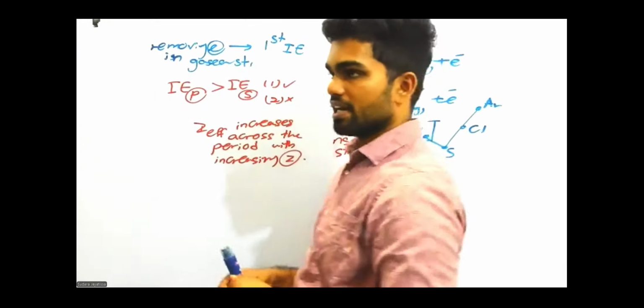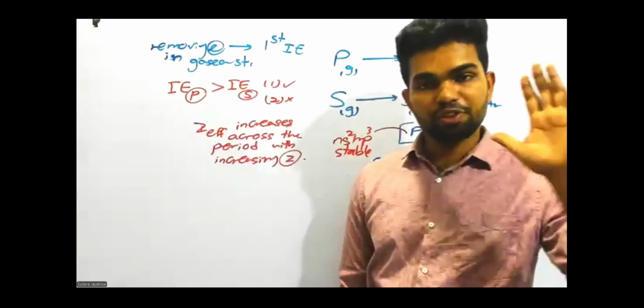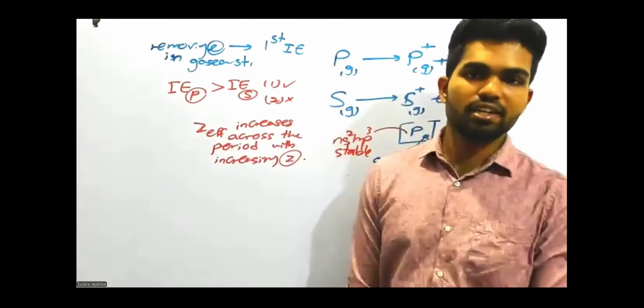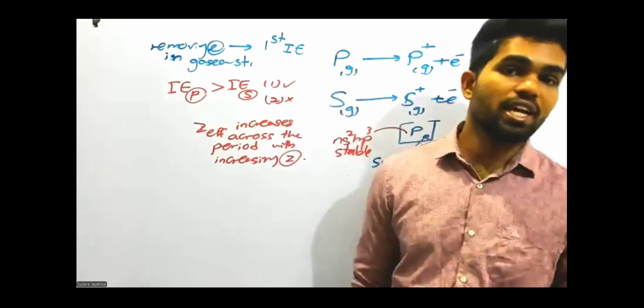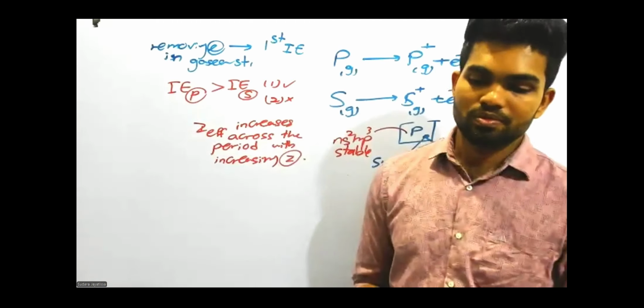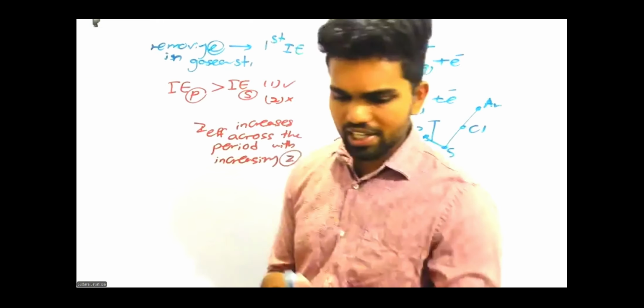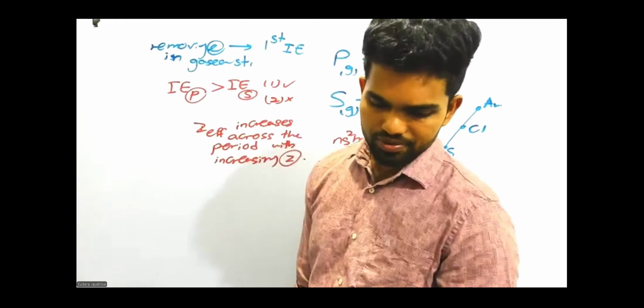So sulfur is having 16 protons, phosphorus is having just 15 protons, right? So obviously the one with more protons is having more nuclear attraction, more effective nuclear attraction also. Understood? It is higher. So the second statement is false.